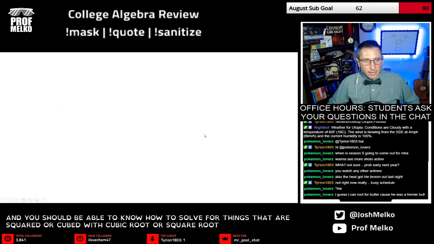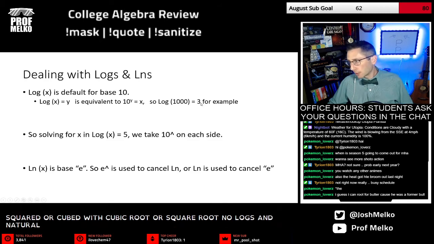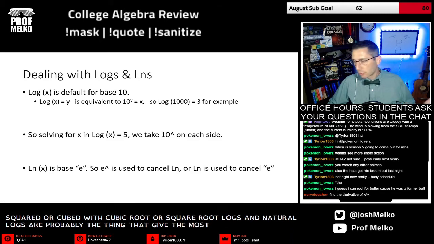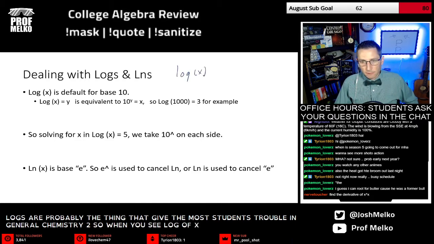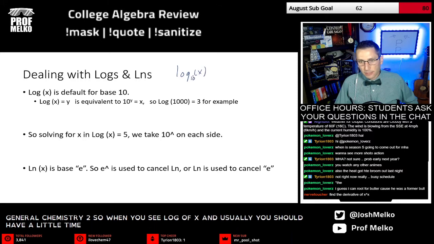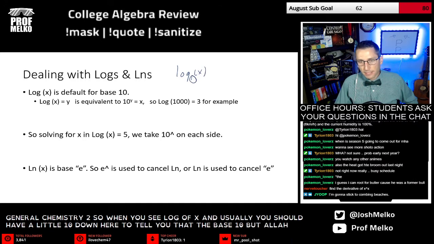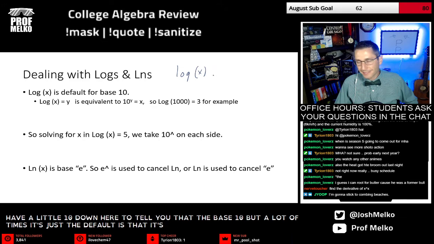Now, logs and natural logs are probably the thing that give the most students trouble in General Chemistry 2. When you see log of x, usually you should have a little 10 down here to tell you it's base 10, but a lot of times the default is that it's base 10.